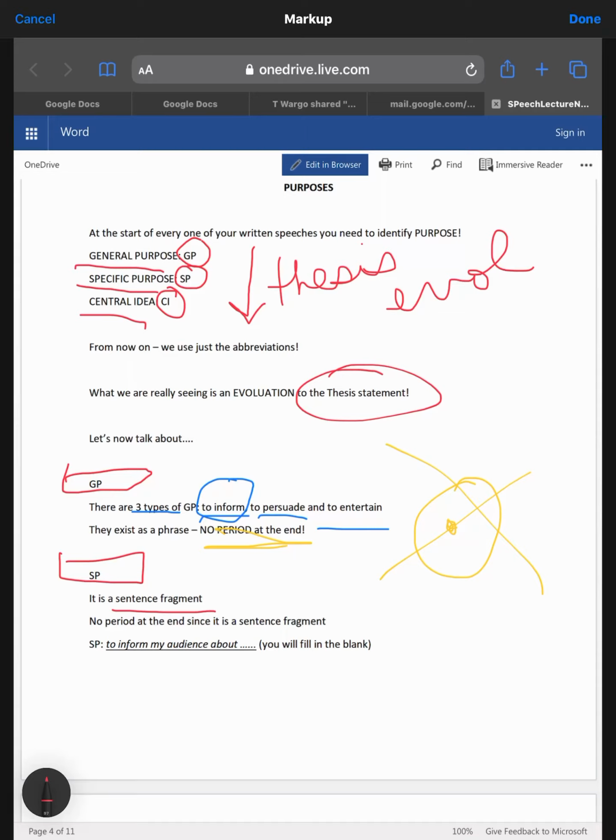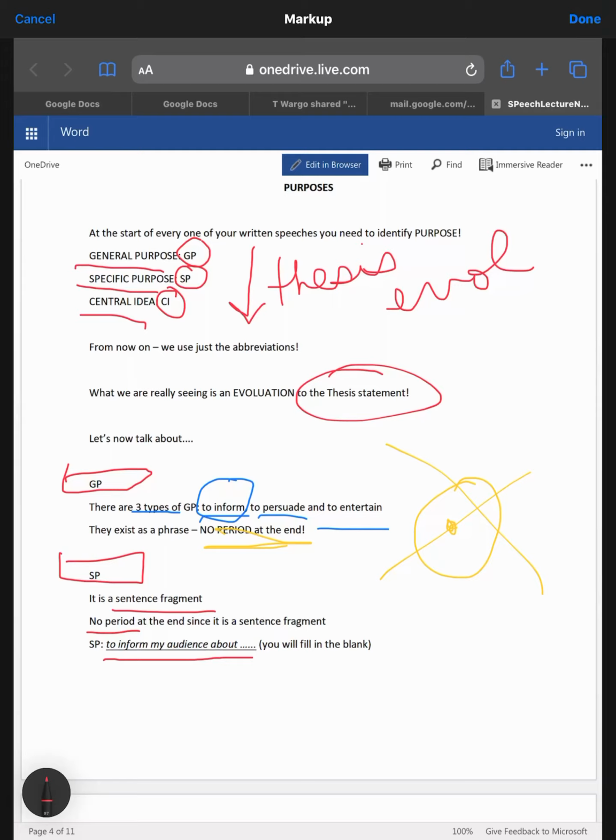And again, no period at the end, but you are going to use this underlined form all the time. Sidebar, you don't have to underline it in your paper when you turn it in to Canvas. But everybody is going to have to inform my audience about ... and then you will fill in the blank.